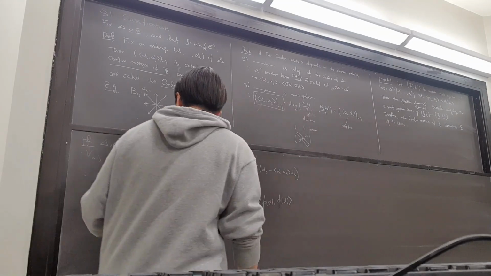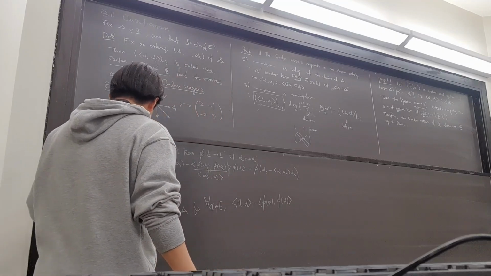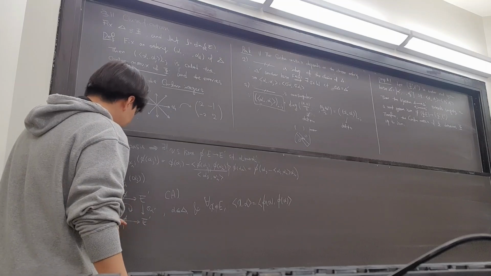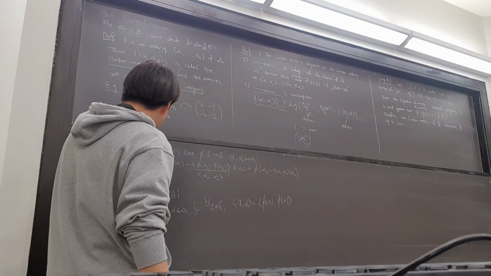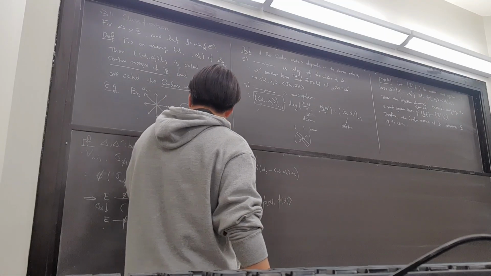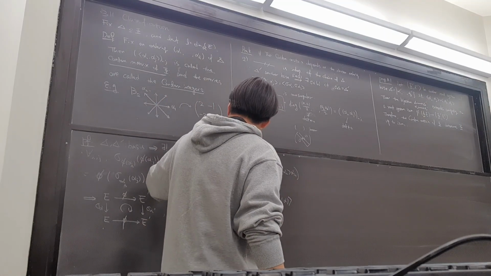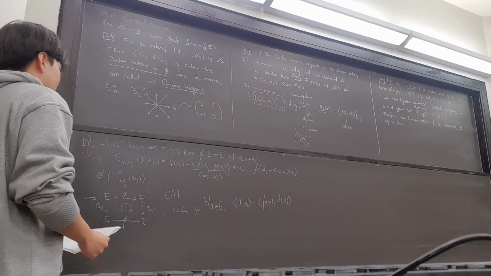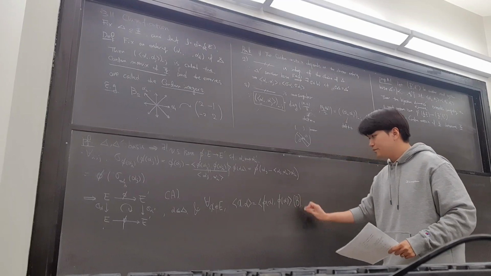This is because we can apply this equation to any element x, since it is a commutative diagram. So we can put x in this position.